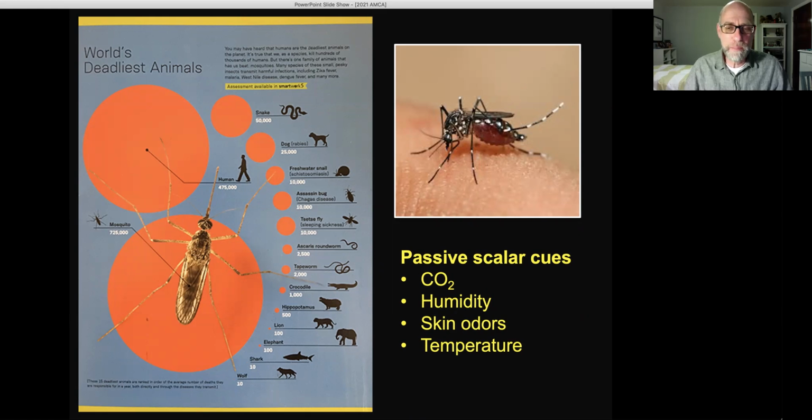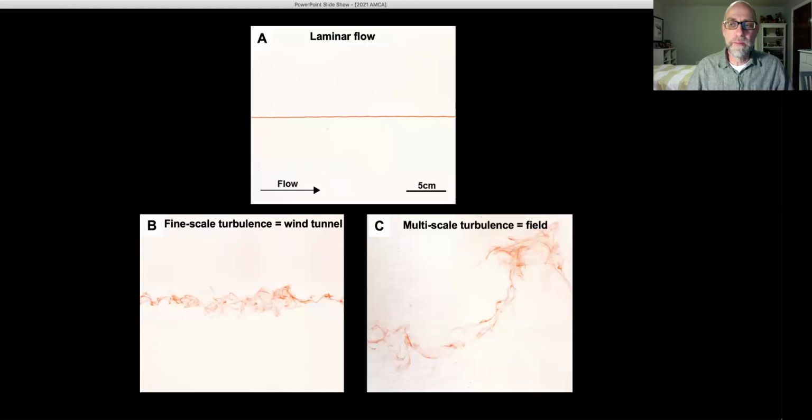And they're considered to be passive scalar cues because once they are released or emitted from a substrate, they are primarily transported and distributed by prevailing air or wind currents. Now, many laboratory studies of female mosquito behavior occur in relatively small bioassay chambers or wind tunnels with very smooth laminar flow, an example of which is shown here.